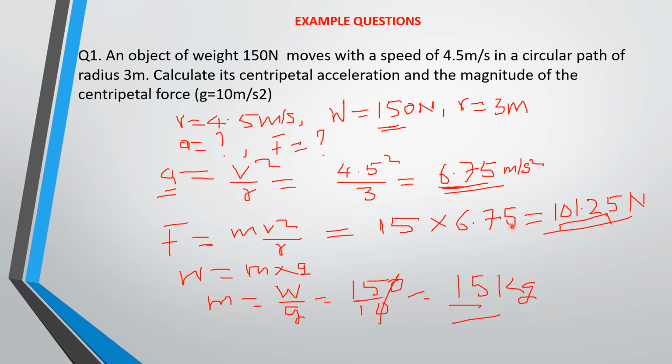So from here you can see how to solve problems that have to do with centripetal acceleration and centripetal force. First of all, look at the question very well so that you know what to do. With this weight, you have to get your mass from it before you use it to solve for your centripetal force. Alright?